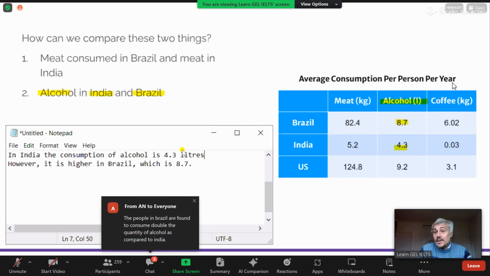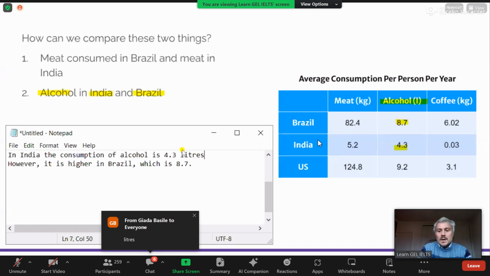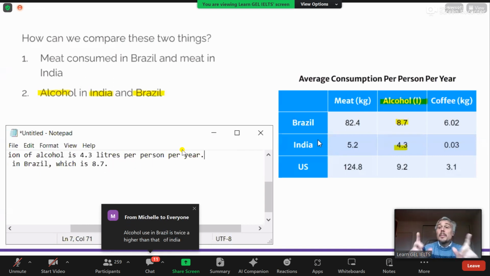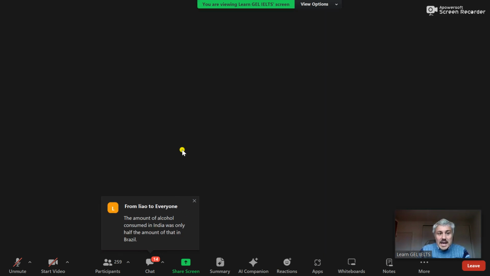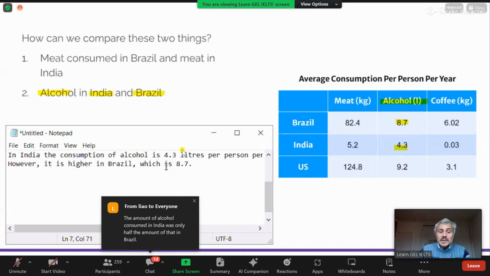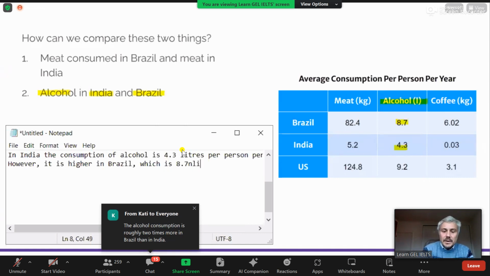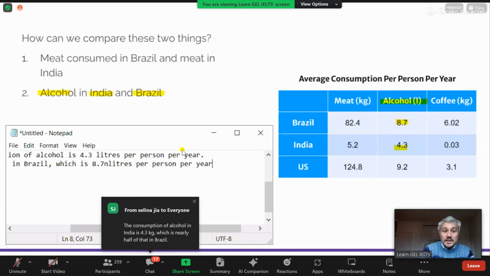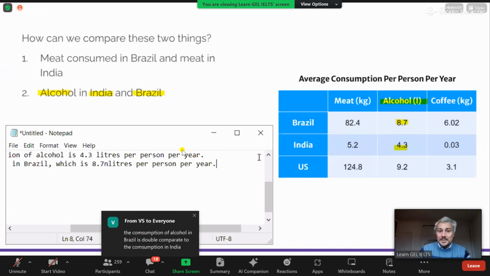Remember to check the table. What is the unit of measurement? And it's per person per year. You must be specific. However, it is higher in Brazil, which is 8.7 liters per person per year. Remember to be specific with the units of measurement.